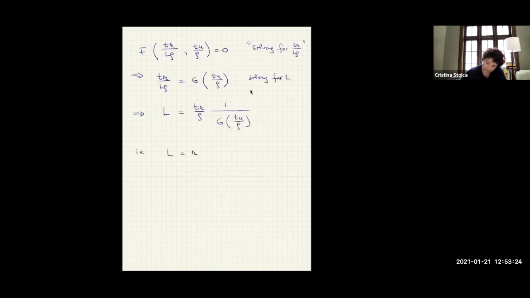So R T over rho and then some function, I'm going to call this one little g, of U T over rho. I'm grouping them like this because then it becomes obvious that it is the same quantity.